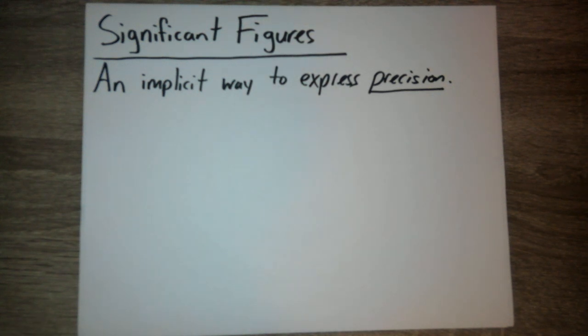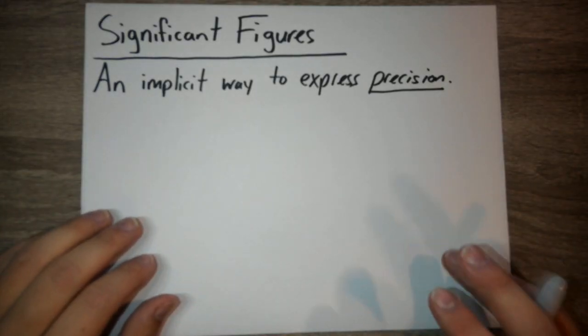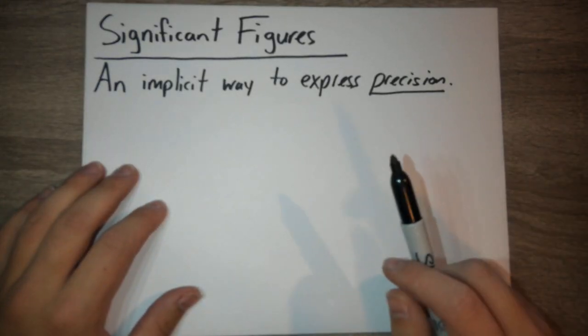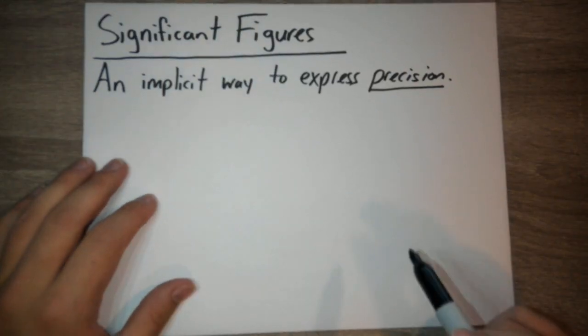Today, let's talk about significant figures. So, significant figures is closely related to the idea of precision, and it's an implicit way for us to denote the precision of a measurement. And we do this through the number of decimal places we put in our measurements.